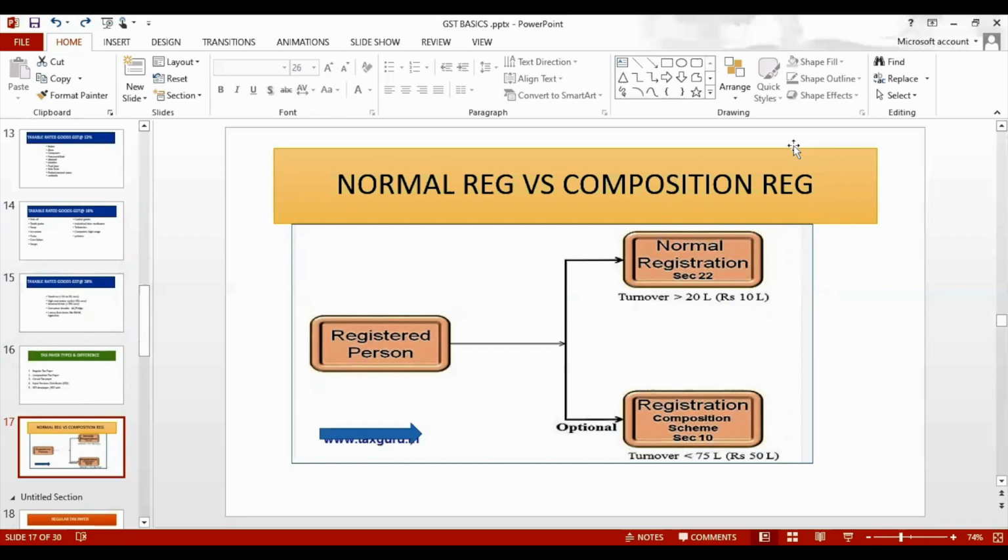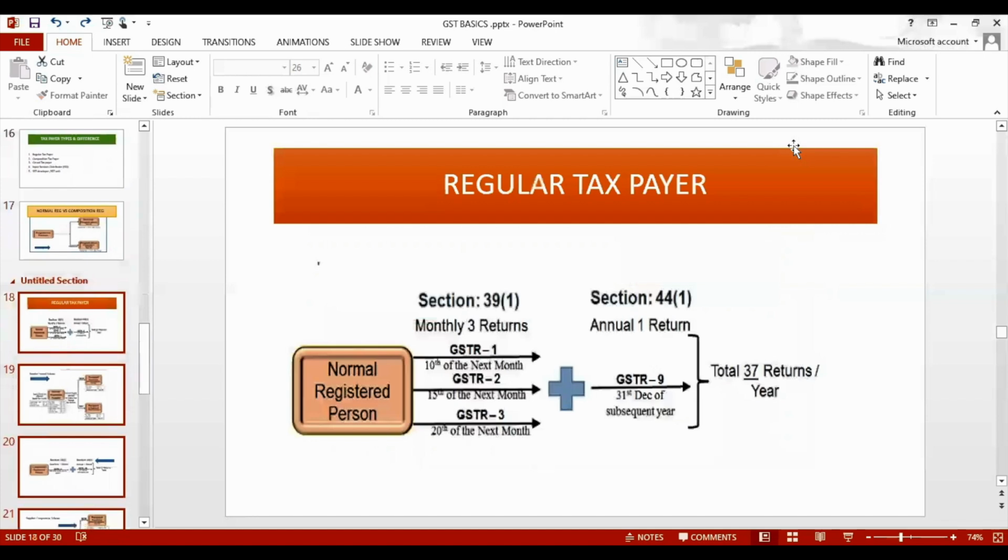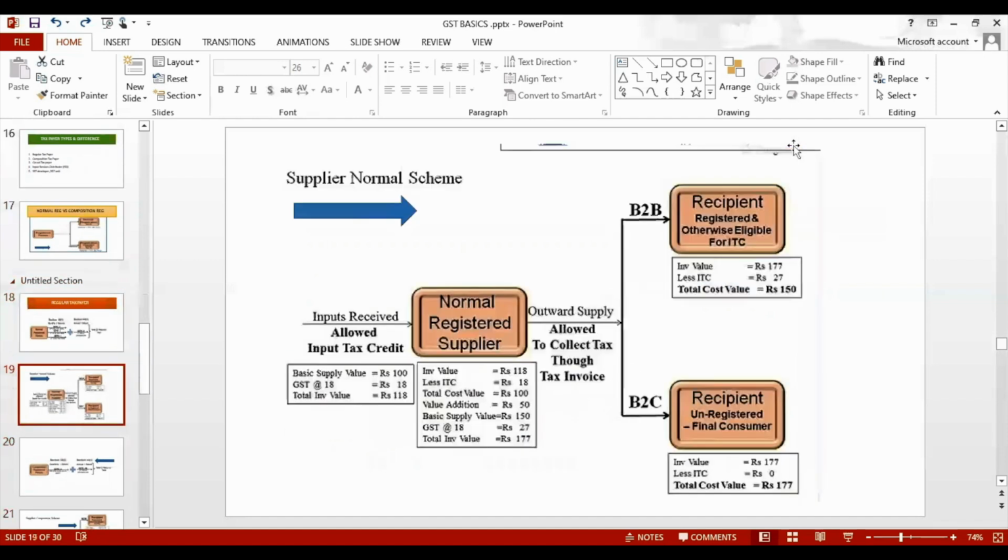After normal registration, how persons fill the forms in the GST portal, I am explaining here, and what the deadline is and the step-by-step procedure for filing. I am giving the best examples of a normal registered person, for quick understanding. One more option was added: what is B2B and what is B2C.